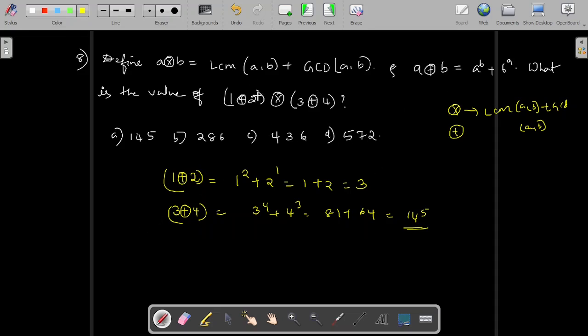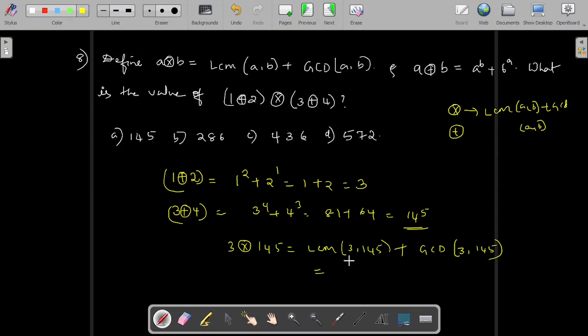Now, after getting these values, you have to find this operation, that is 3, this multiplication 145, which is equal to LCM of 3 comma 145 plus GCD of 3 comma 145.